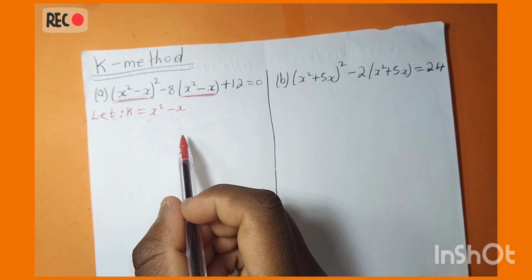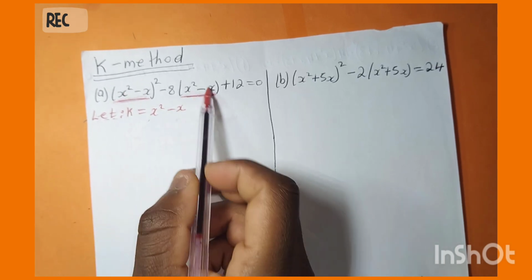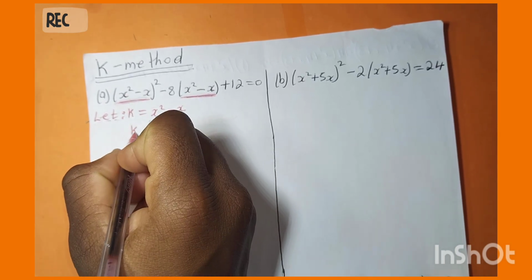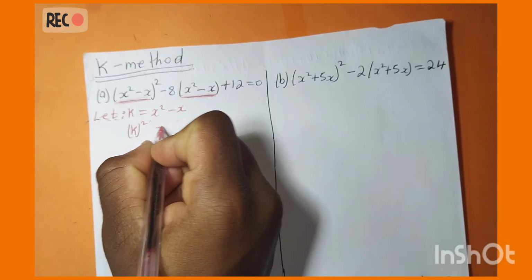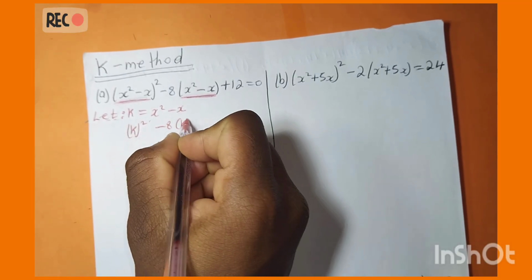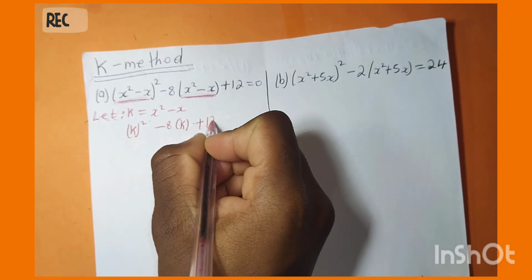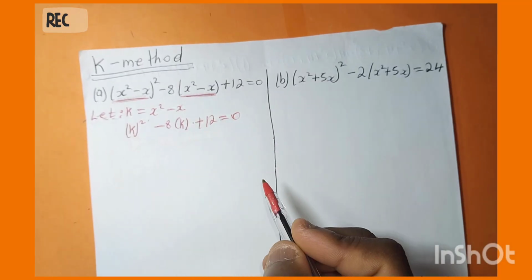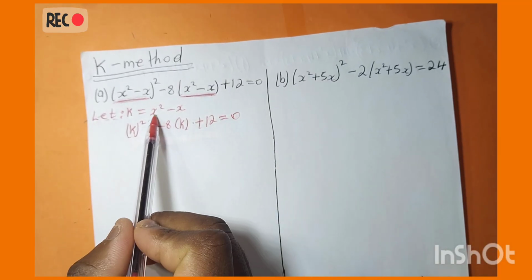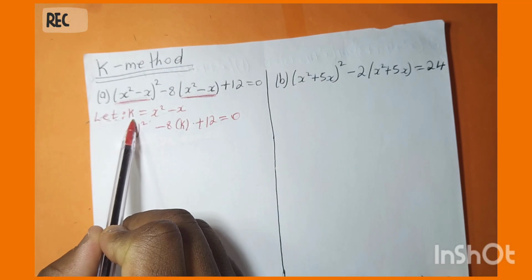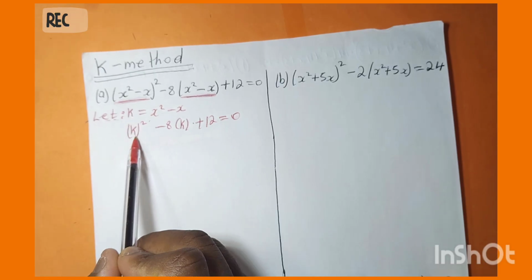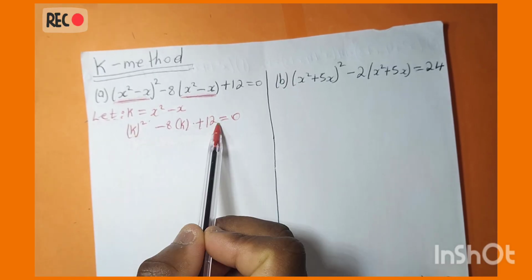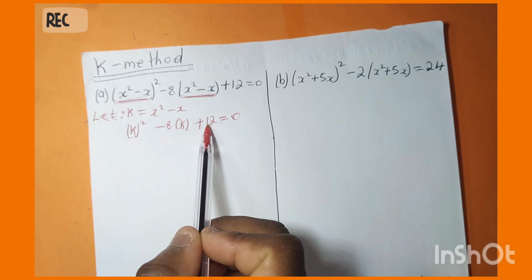Do you see? By letting this thing be K, that equation now becomes like this. This will be your new equation. Meaning that where there is this thing, I can substitute K. Now it is easy for me to see that equation when it has K in it.